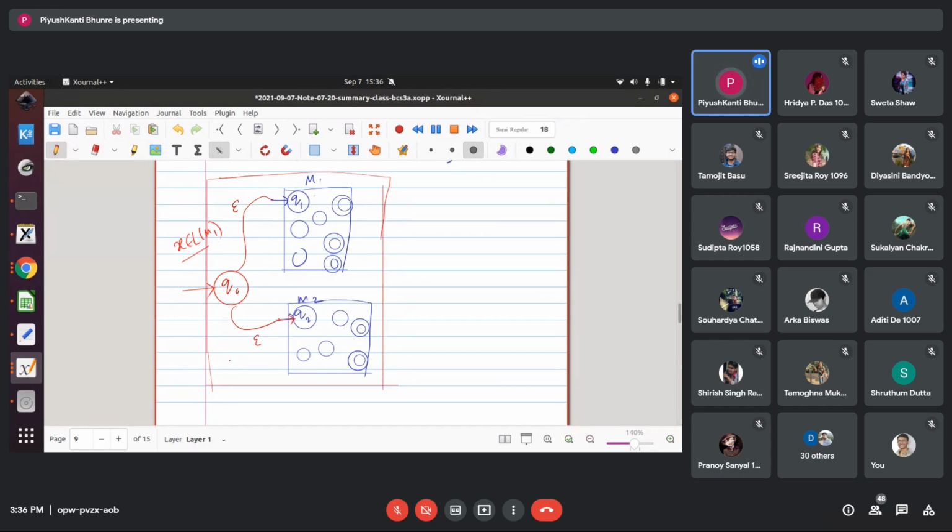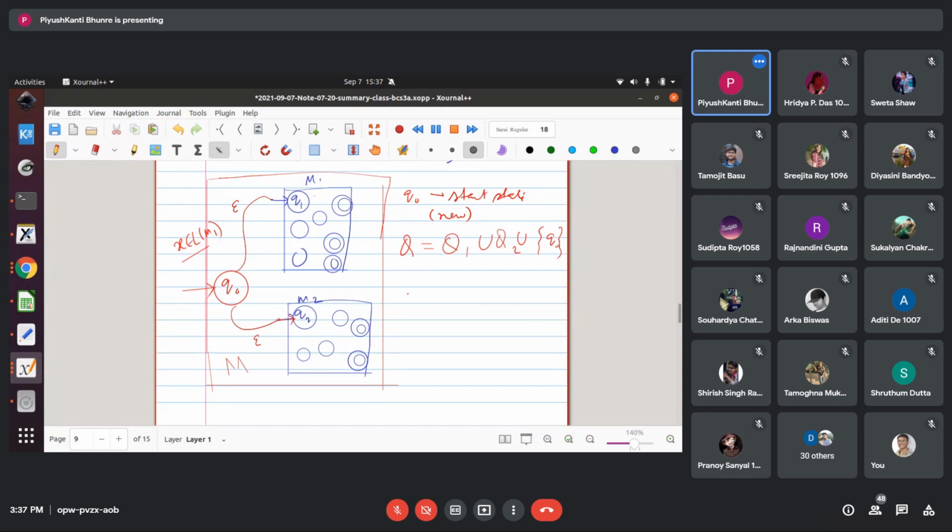Okay, so this is my new machine M, and here Q0 is the start state. It's a new state. Then my Q, the set of all states, is basically Q1 union Q2 union Q0.